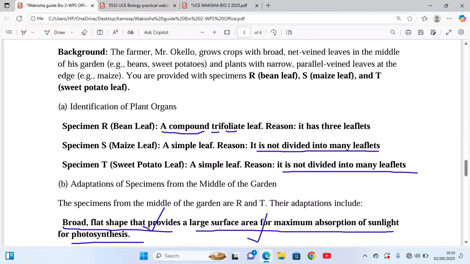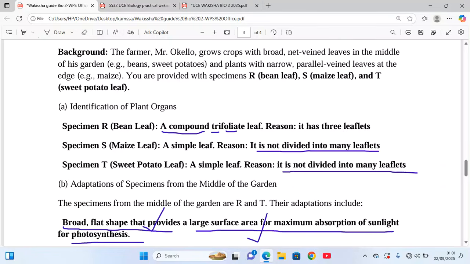So number one, when we are identifying those plant organs, we have to use their names, these groupings, compound leaf or simple leaves, or different classes of simple and compound leaves.